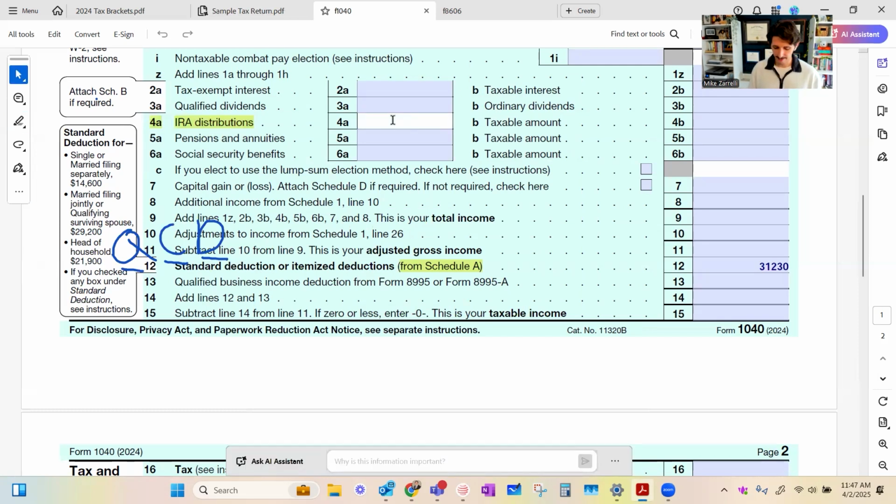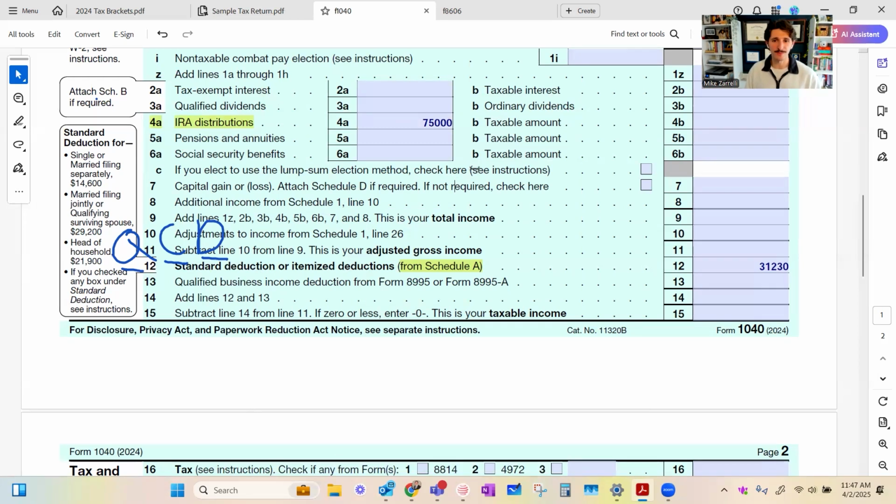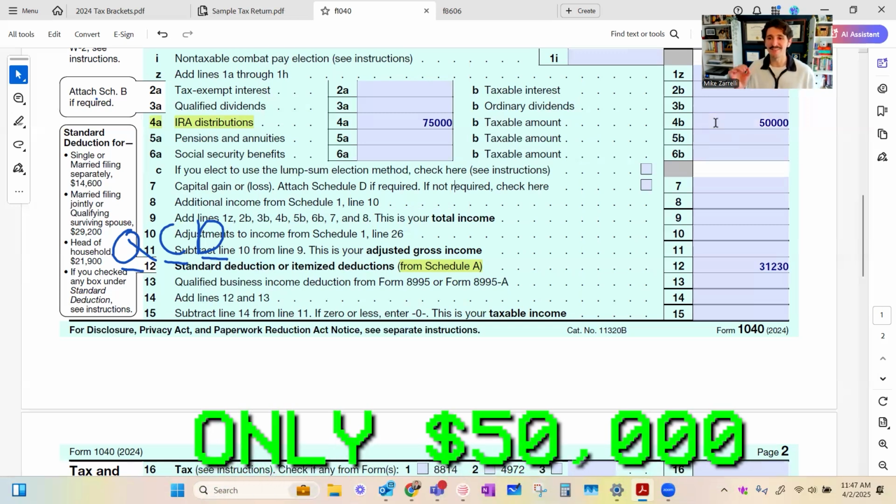This person may have had $75,000 coming out of their IRA distributions. Not all of that is taxable. Maybe they did a QCD. And what you would see on line 4B is that not all $75,000 of the distributions would be taxable. Only $50,000 would be taxable.